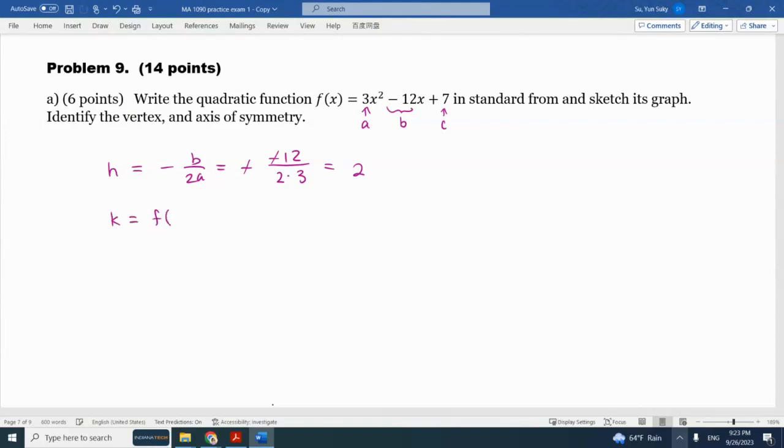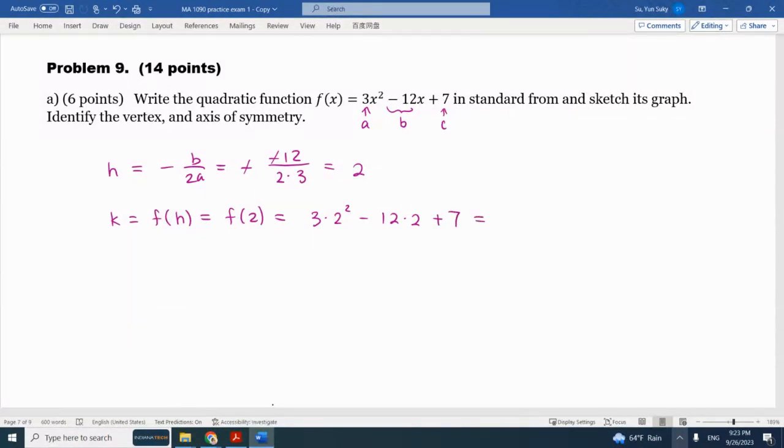And then k is f of h. F of 2. That means whenever you see x in the expression, the formula, replace x by 2. So 3x squared, x is 2, 2 squared, minus 12x, x is 2, plus 7.